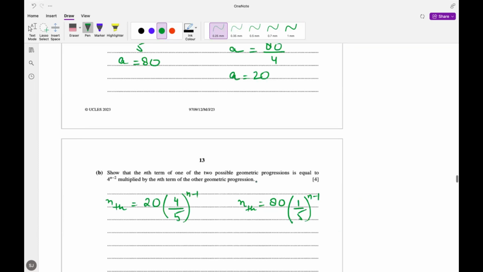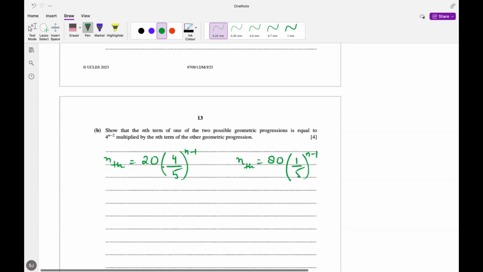Now it is saying that we have to show that the nth term of one of the two possible geometric progressions is equal to 4 to the power n minus 2 multiplied by the nth term of the other geometric progression. So what we have to do is multiply one of these expressions with 4 to the power n minus 2 and prove that it is equal to the other nth term.